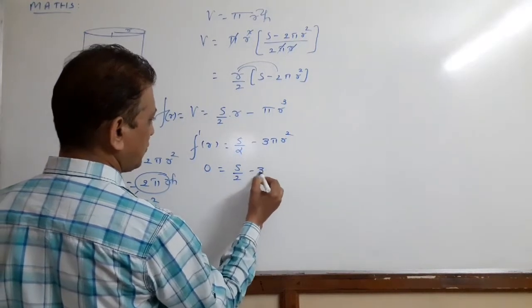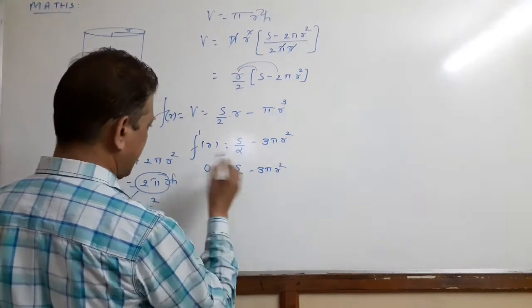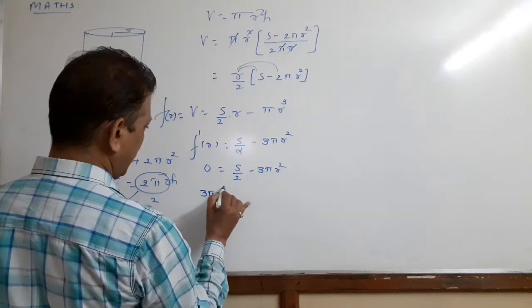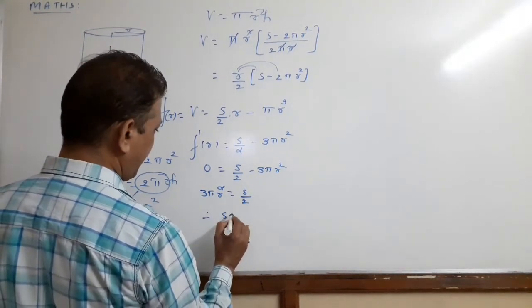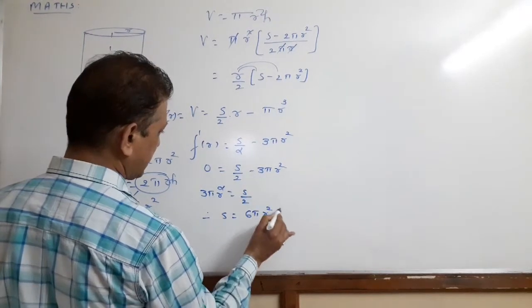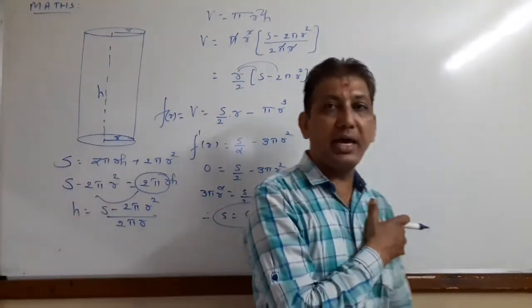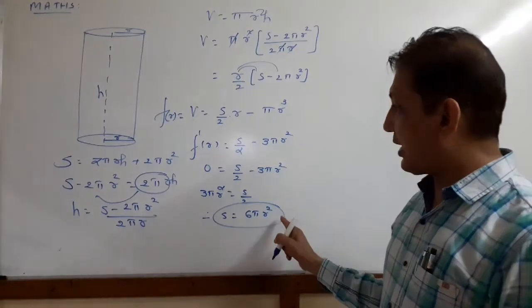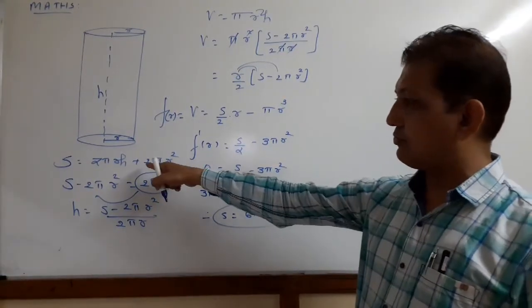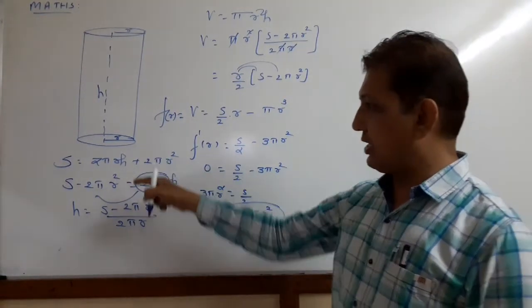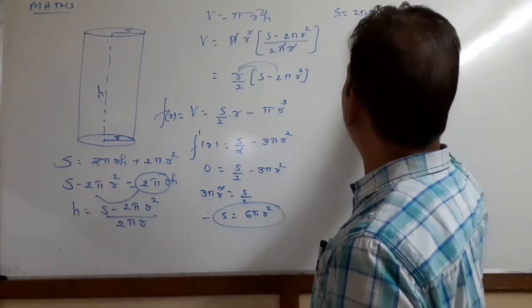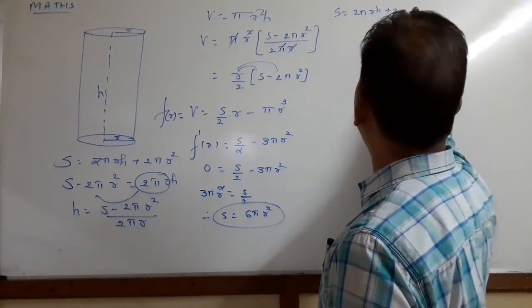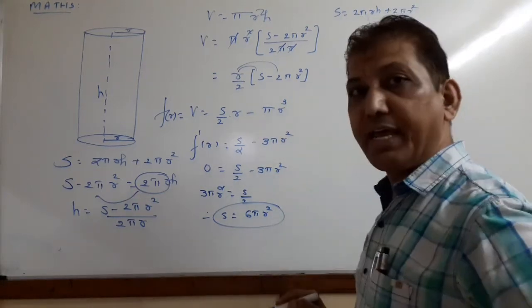So S upon 2 minus 3 pi r square equals 0. So 3 pi r square equals S upon 2. Therefore S equals 6 pi r square. Now put 6 pi r square in the first result: S equals 2 pi rh plus 2 pi r square.